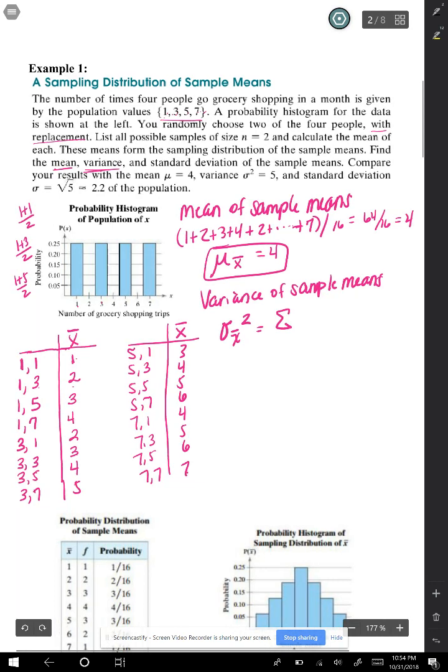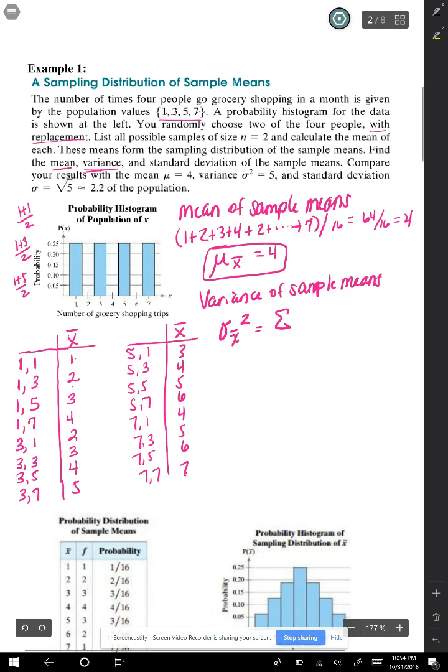Okay, if you'll recall, this is the sum of each entry minus the mean. So the sum of x minus 4, or 1 minus 4 squared, and then 2 minus 4 squared. So this goes, again, back to chapter 2. So if you've forgotten how to do variance, you can go back to chapter 2 and look over that again.